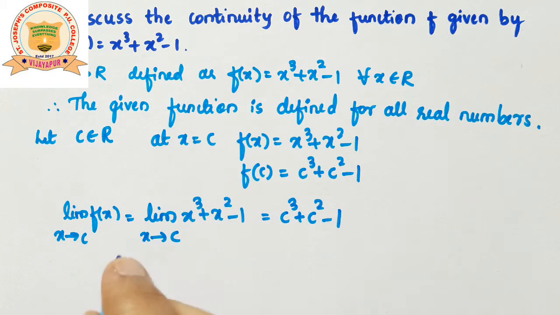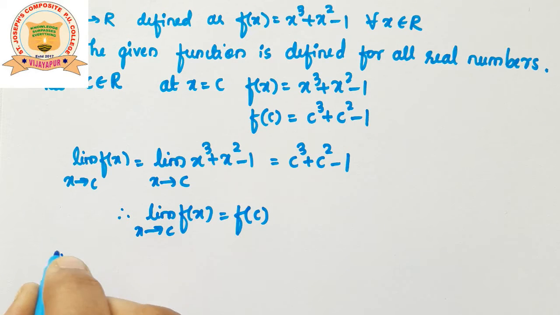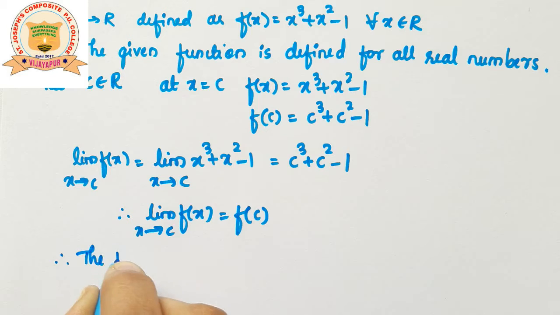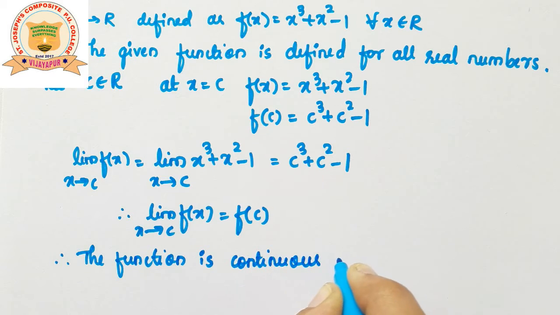These two values are the same. Therefore, limit of f of x as x tends to c is equal to f of c. By the definition of continuity at a given point, we conclude that the function is continuous at x is equal to c.